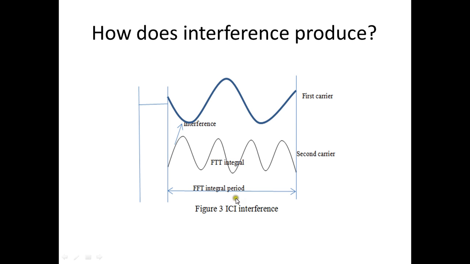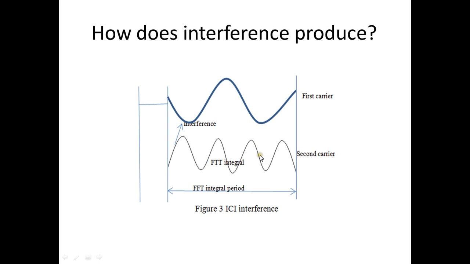FFT interval period, the cycle difference between these two carriers is not an integral number, which means that when the receiver demodulates the first carrier signal, there is interference coming from the second carrier.